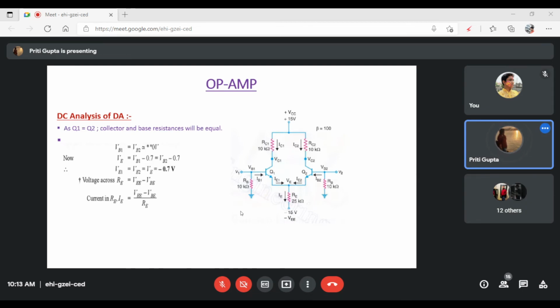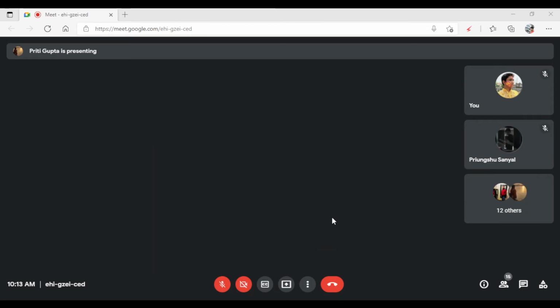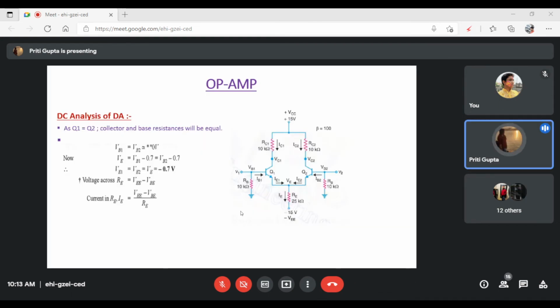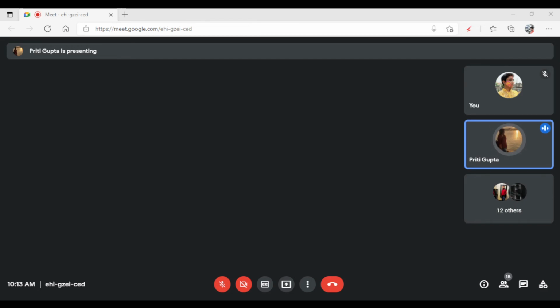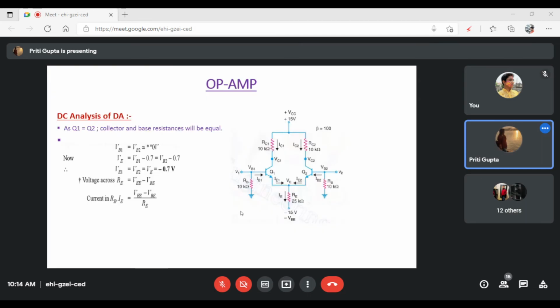Have you done this part? Yes, ma'am. Okay, next, find out IB1. IB1 equals IC1 divided by beta. Base current is always equal to collector current divided by beta.